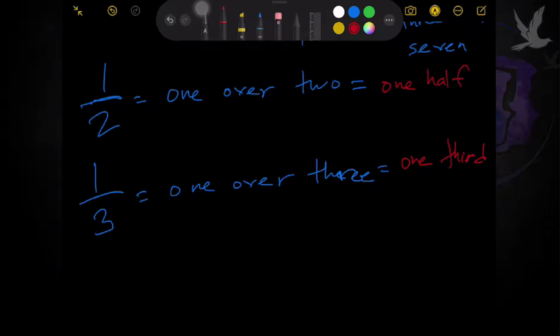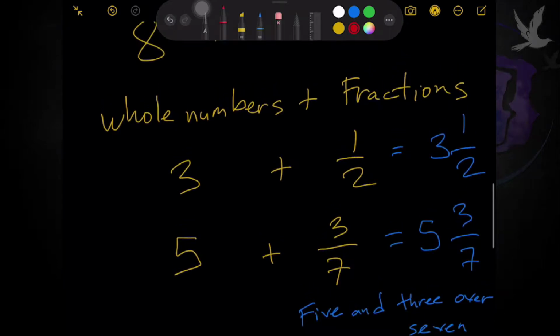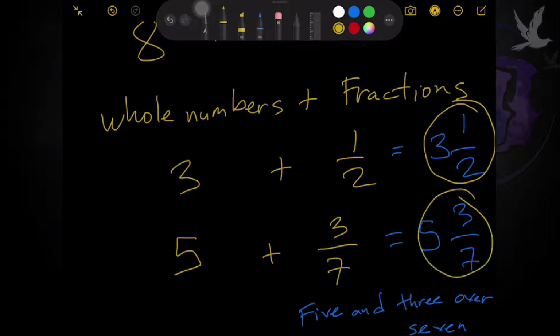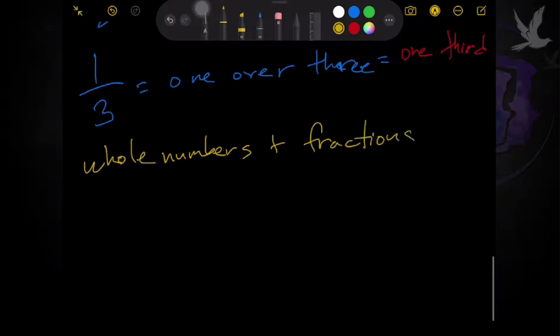Okay? So what happens there is whole numbers and fractions, you just put them together like what we did here. And going back, when we add whole numbers plus fractions, this will give us, as a result, mixed numbers.